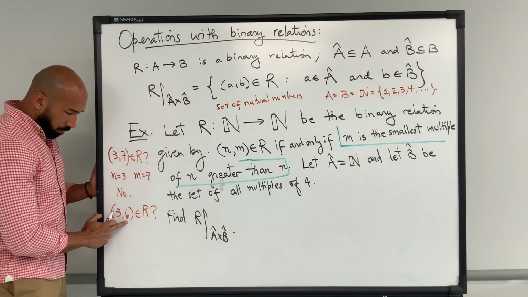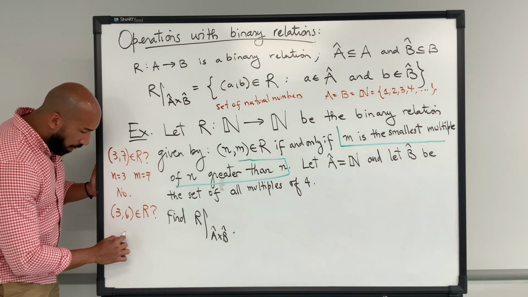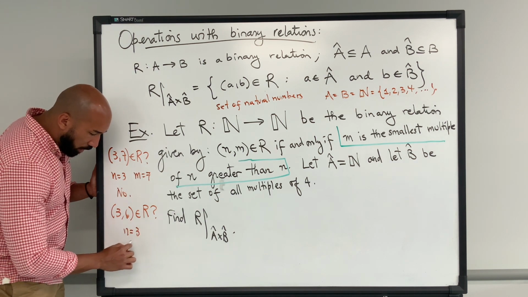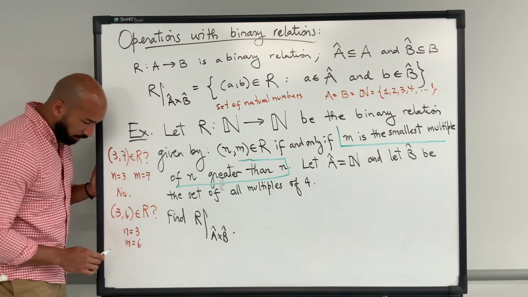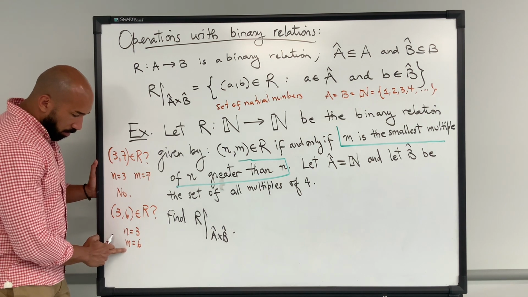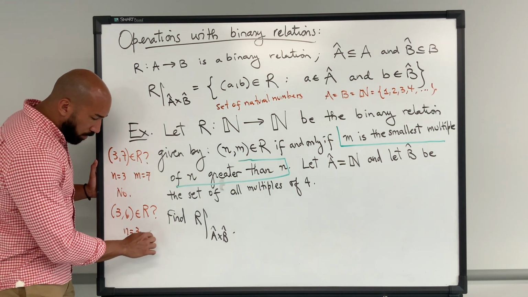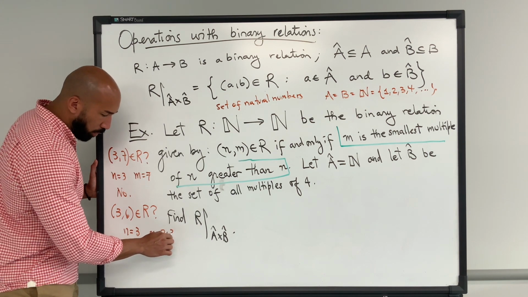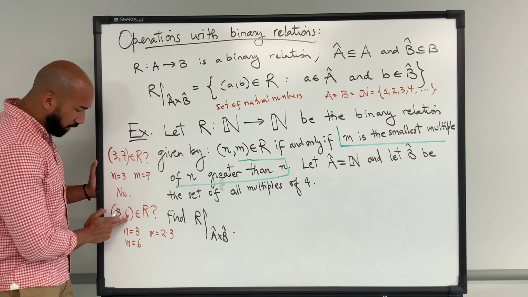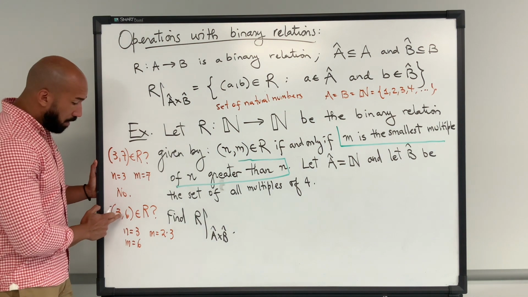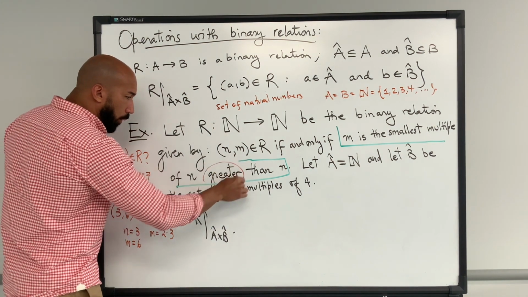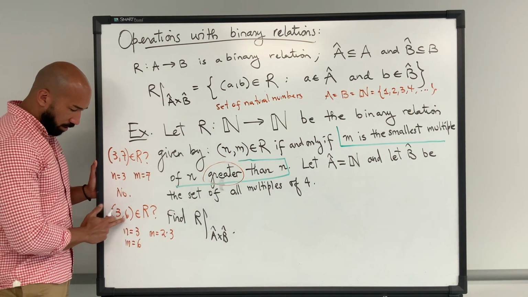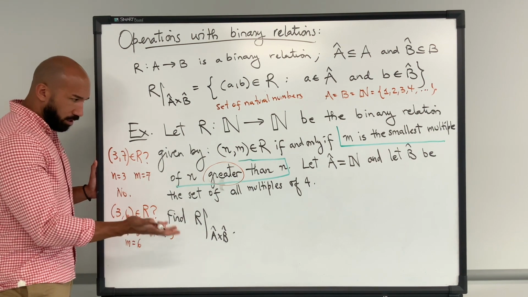Well, now n is 3 and m is 6. m is equal to 2 times 3. So yes, m in this case is a multiple of 3. m is greater than 3, so 6 is greater than 3.